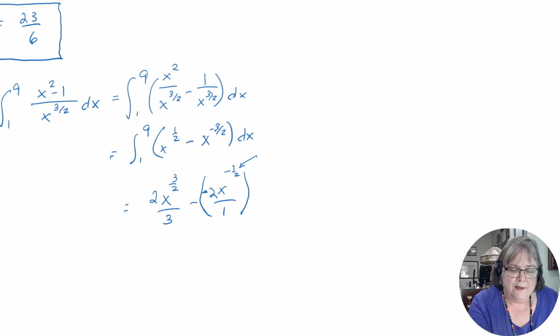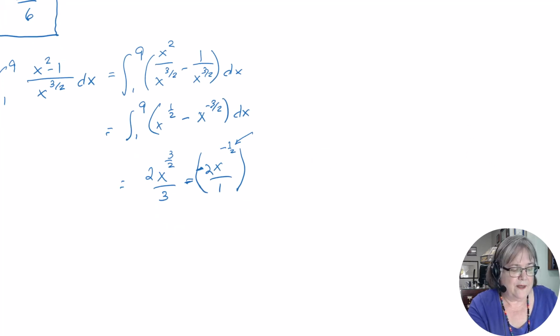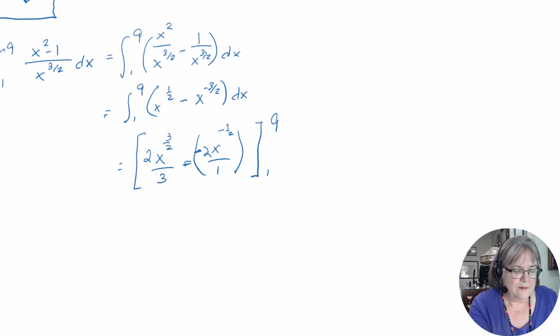Okay. Now this negative and this negative are going to see each other, and you're going to have to work with that, right? And we're going to try to evaluate this from 1 to 9. Okay, so this is going to be 2/3, so I have 2/3.